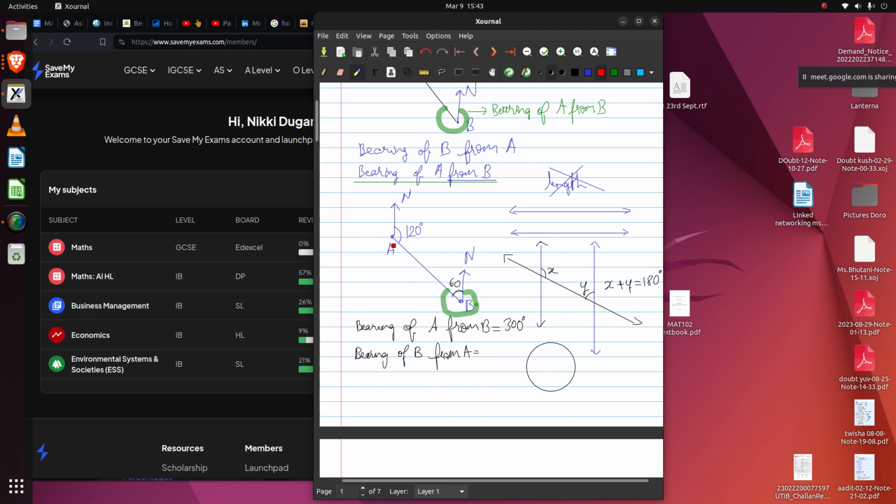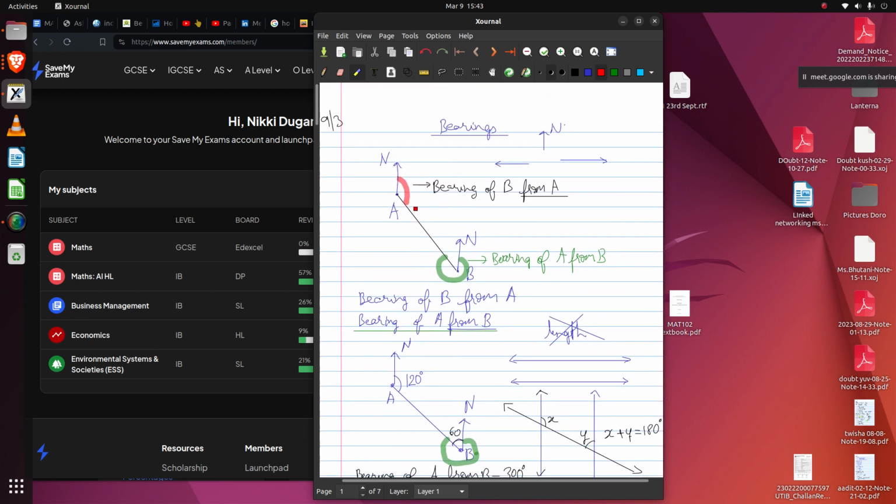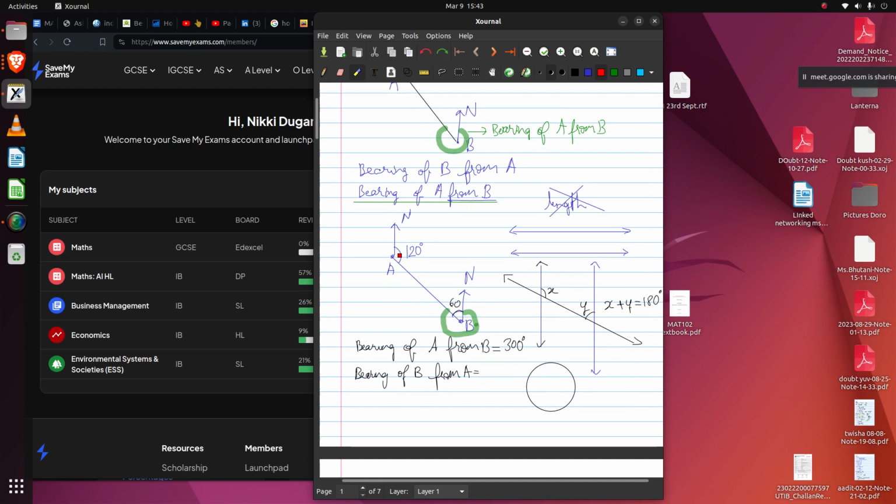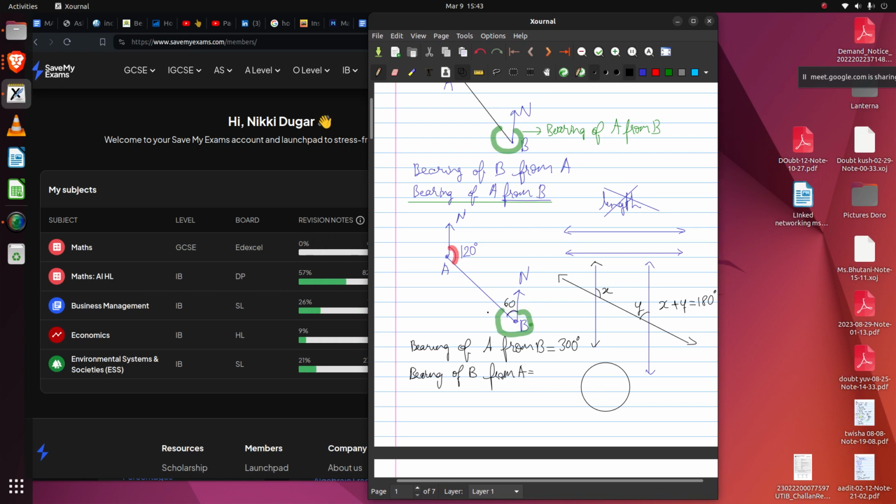Whenever you are measuring bearing, you always go clockwise. It cannot be anti-clockwise. See all the diagrams above. We always went clockwise only from north, no? Same logic. I want B from A, so from A, I have to start at north and go clockwise. And what is this angle? That angle is already given to you, right? What is that? 120. Okay. So that's your bearing.